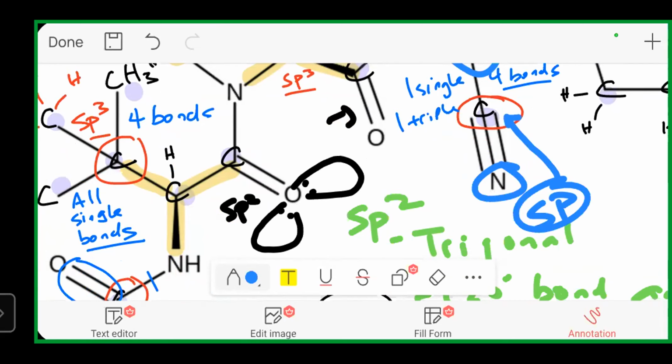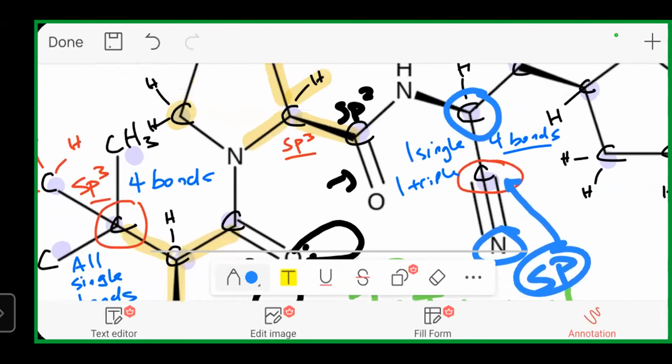All right, we following? Yes, no? Yes. All right. So a triple bond is one sigma and two pi's. And then you got a triple bond to it, but it still has its four bonds because it's bonded to that other carbon on the backside. And it's 180 and it's got two groups attached.